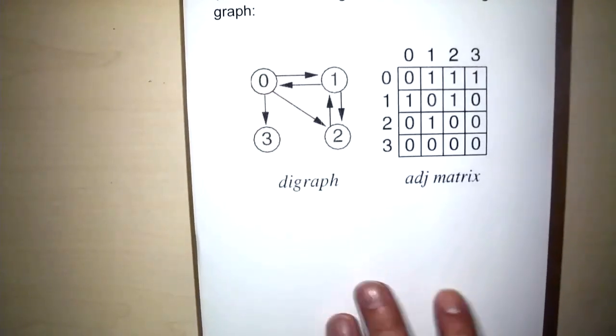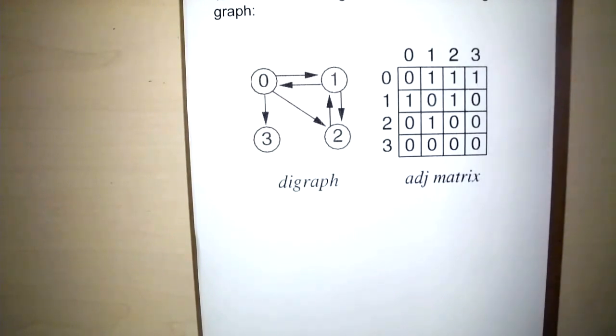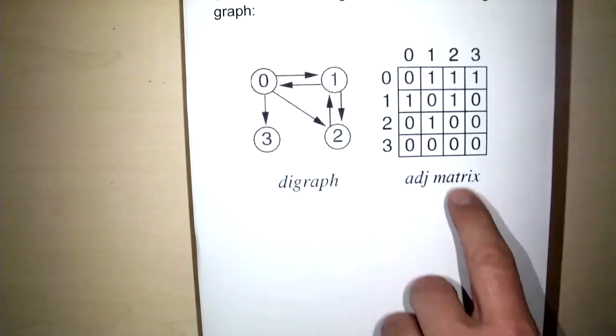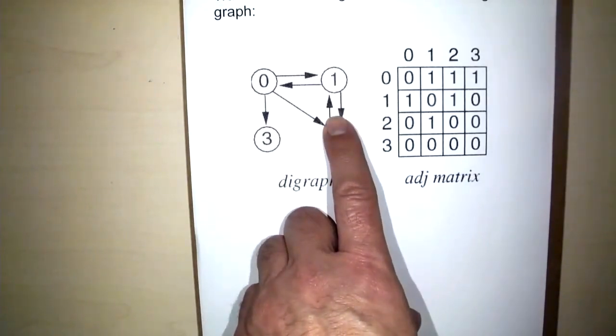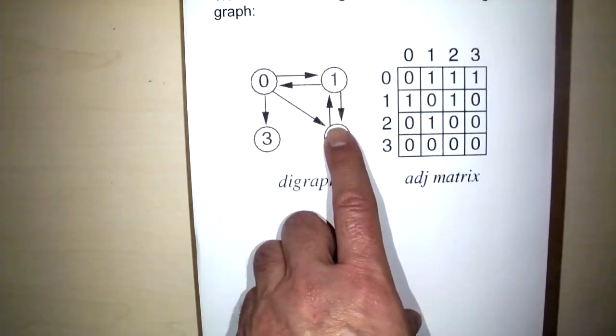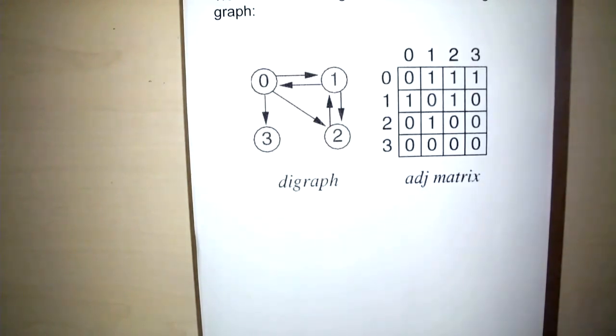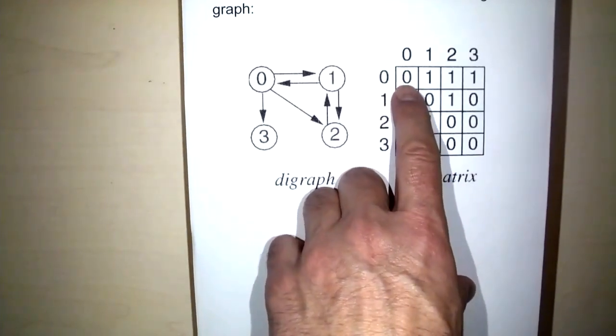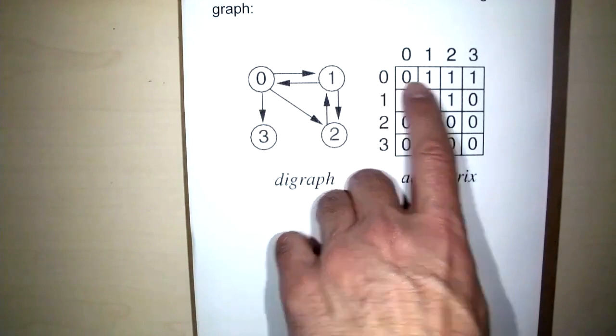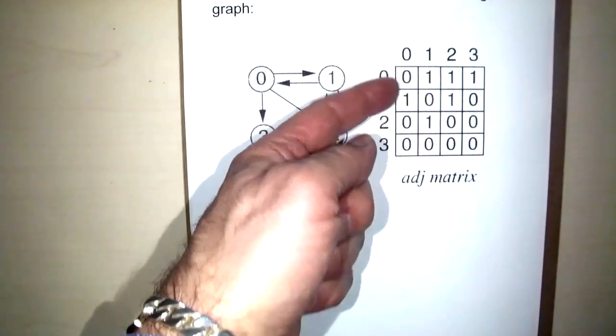All right, so that's our directed graph. This is the matrix that we want to start with. This just contains the arrows that we have in here. Now, the question is, what happens when we apply the algorithm with the first iteration of the outermost loop? We start with vertex 0. And the question is, of course, we have the direct paths from 0 to somewhere and from somewhere to 0.